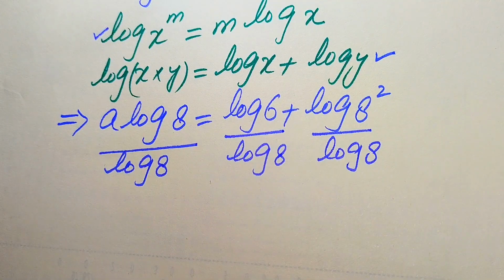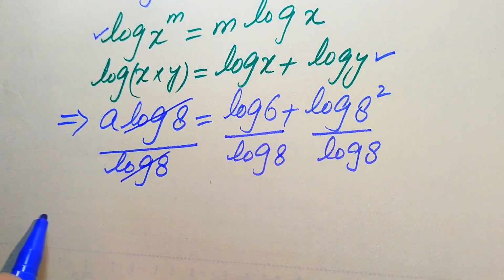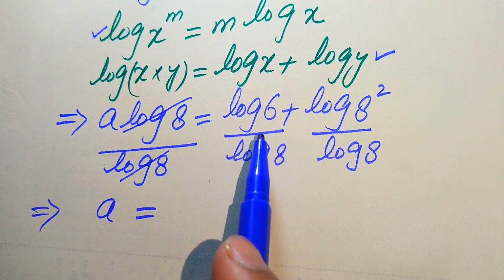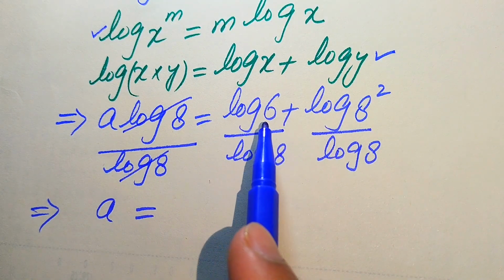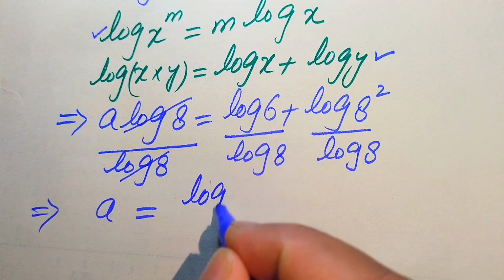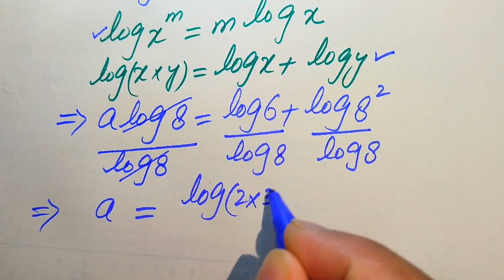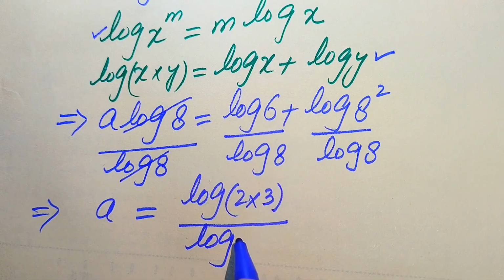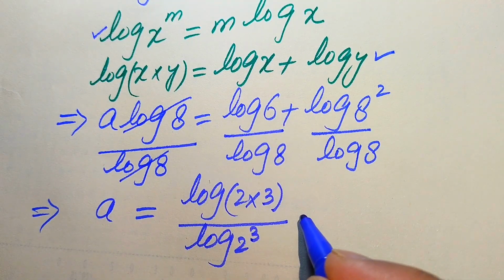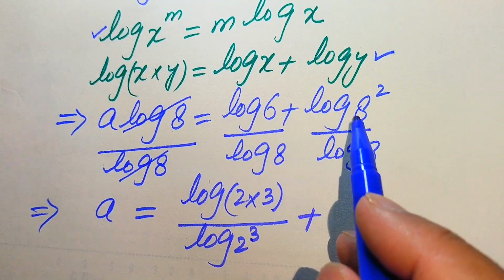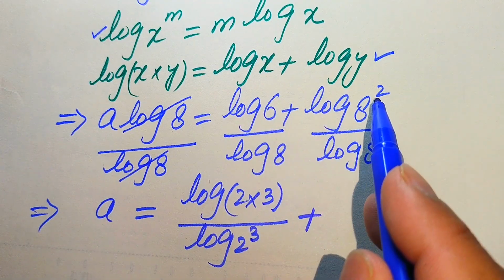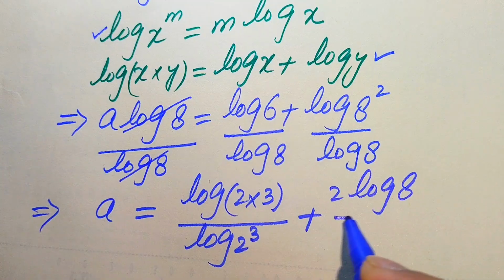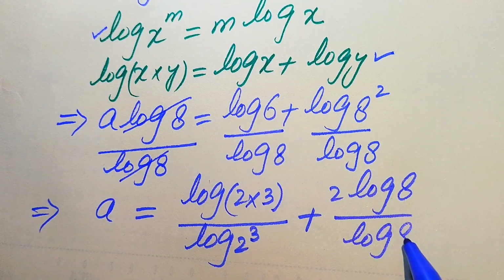Further, this log 8 and this log 8 cancel each other out, and in the left hand side we get a is equal to log of 6, and we write 6 as 2 multiplied by 3, and in the same pattern log of 8, and we write 8 as 2 cubed, plus here we use the first property of log, and we move this exponent 2 in front of this log, and it becomes 2 times log 8 divided by log of 8.